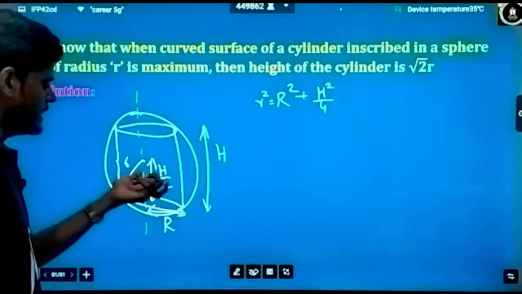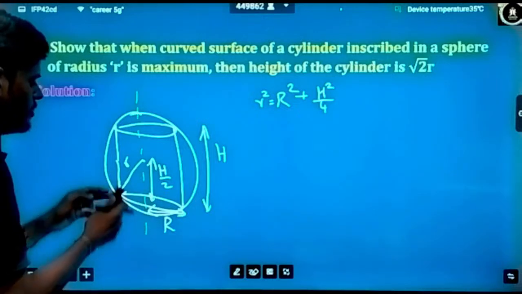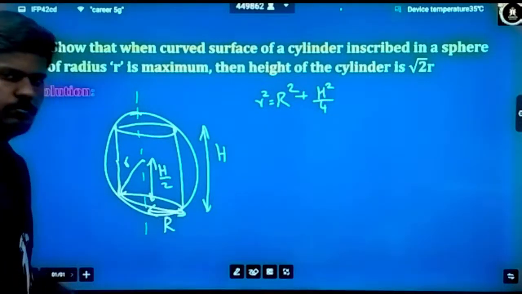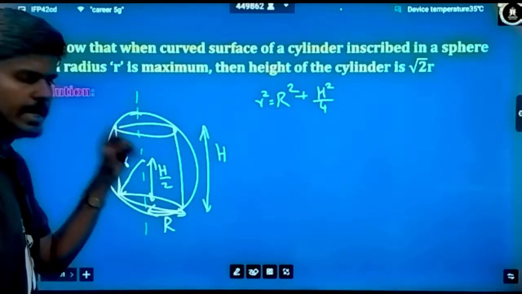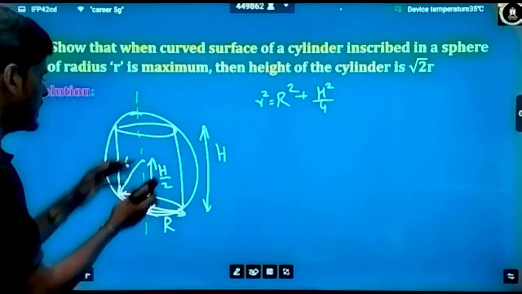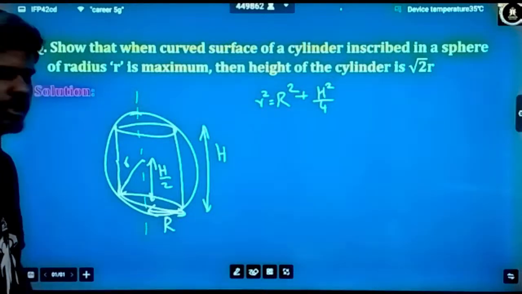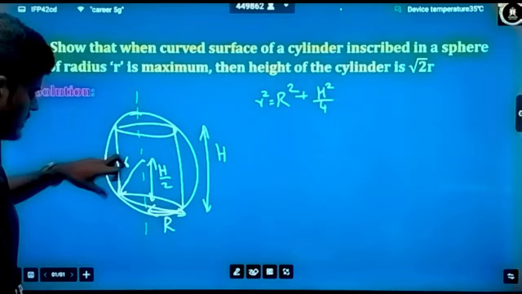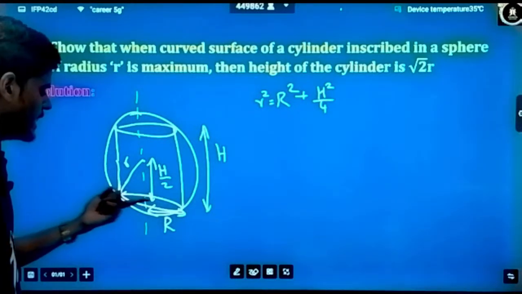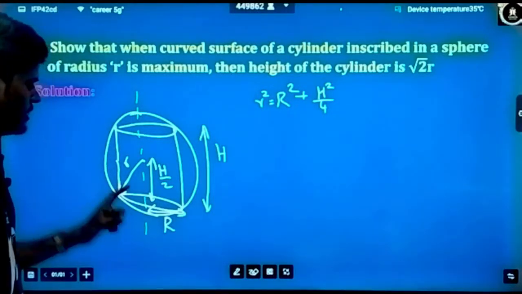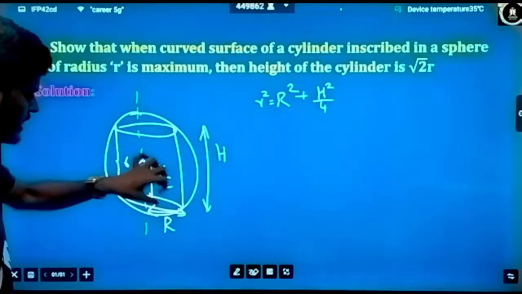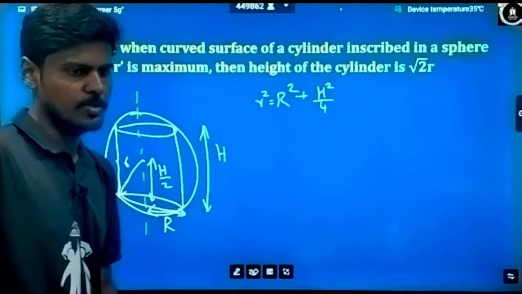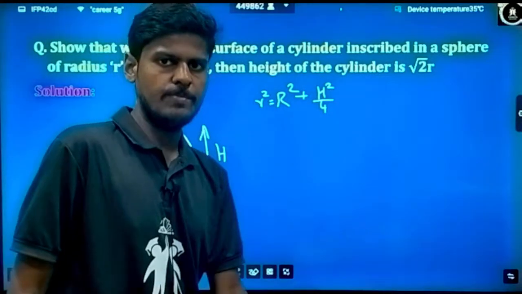We have a sphere of radius small r, and let's assume the radius of the cylinder is capital R and the height is capital H. By symmetry this height will be capital H by 2, and this will be the hypotenuse, small r, with capital R and capital H by 2 forming the right angle triangle. So r square is equal to capital R square plus h square by 4.